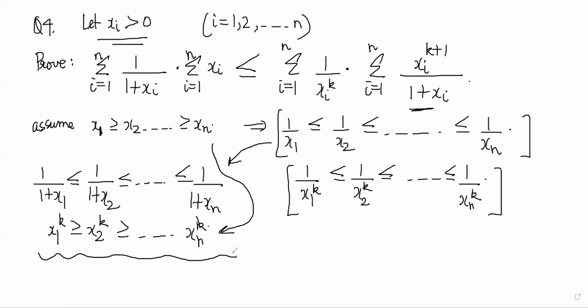So if we combine these two, right, x1 power k by 1 plus x1. So, right, think about it. x1 power k by 1 plus x1, will it be greater than x2 power k by 1 plus x2?